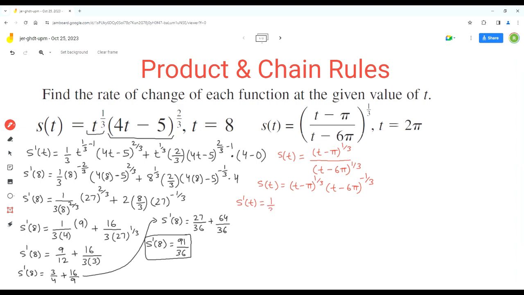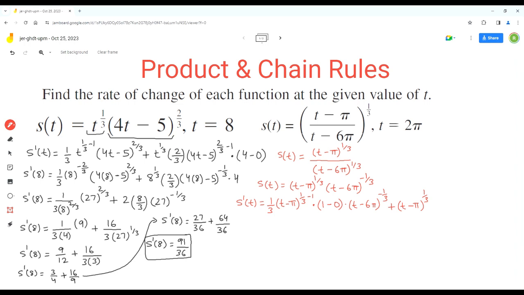So 1 over 3, the exponent comes to the front, times (t minus pi) exponent 1 over 3 minus 1, times the derivative of the inner function, which will be 1 minus 0, times the second function, (t minus 6 pi) exponent negative 1 over 3, plus now the first function, (t minus pi) exponent 1 over 3, times the derivative of the second function.